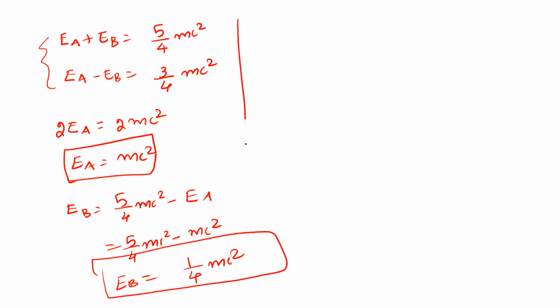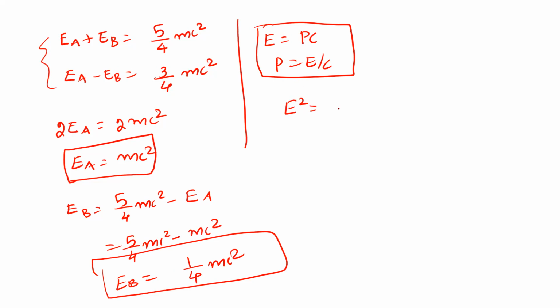So remember that when you have a massless particle, you can write energy as PC or P as E by C. All right. Now this relation will immediately eliminate one of the unknowns. If you know the energy, you can write it in terms of momentum. If you know the momentum, you can write it in terms of energy. Basically, we are using this relation here. This relation is very useful because if you know the momentum, you can get the energy, or if you know the energy, you can get the momentum.